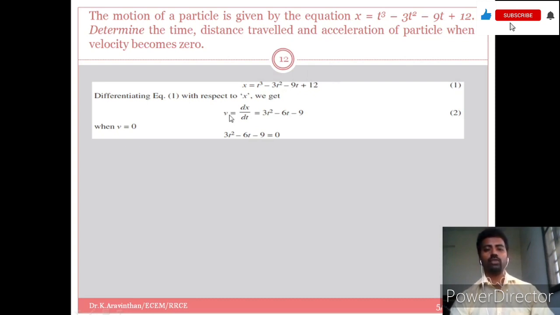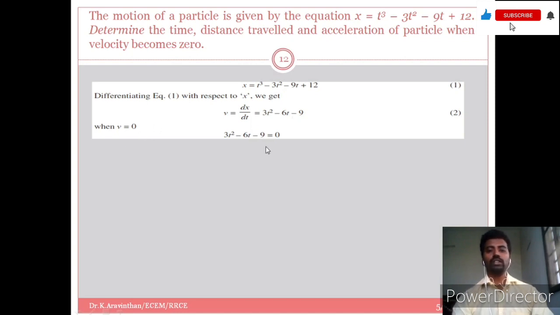So right now we have found the velocity. How to find acceleration? You have to differentiate this answer once more with respect to time, then you will get the acceleration. Right now, to find the time, let us substitute velocity as 0.